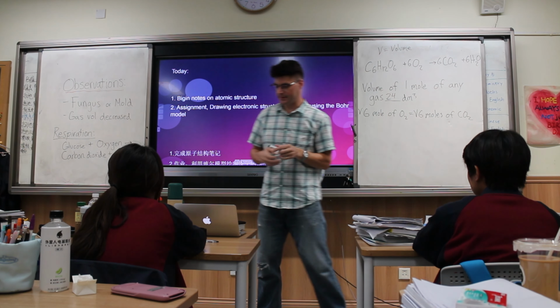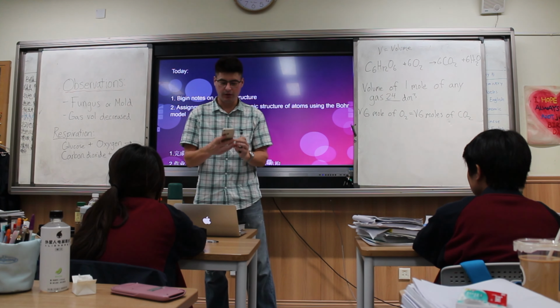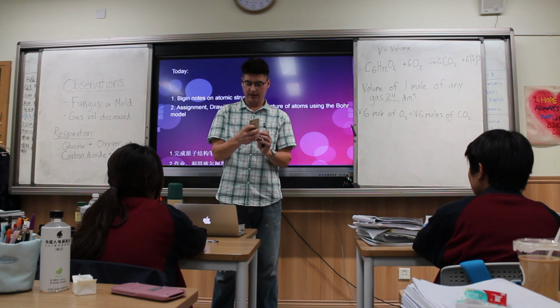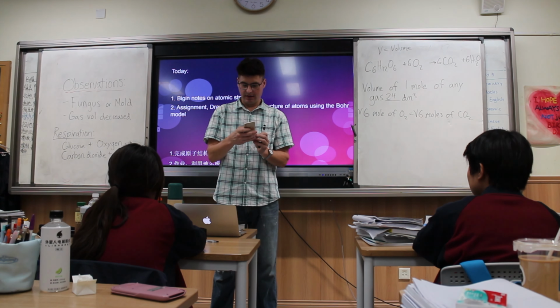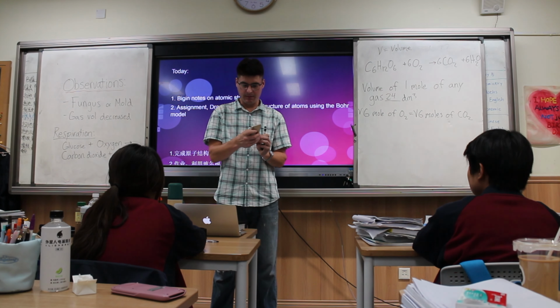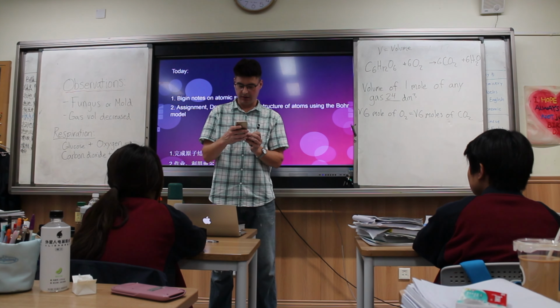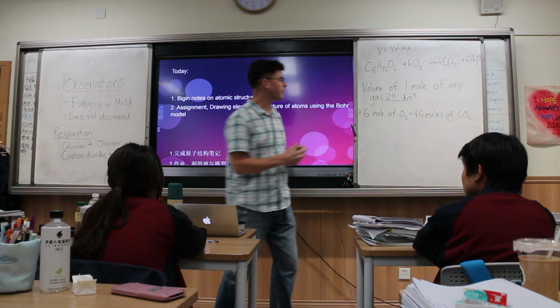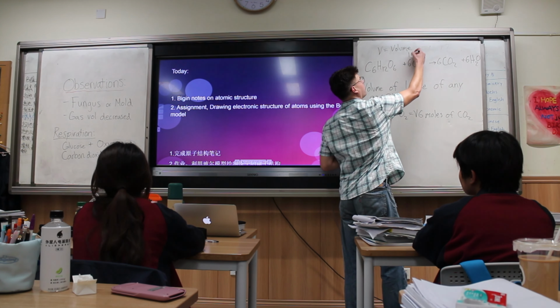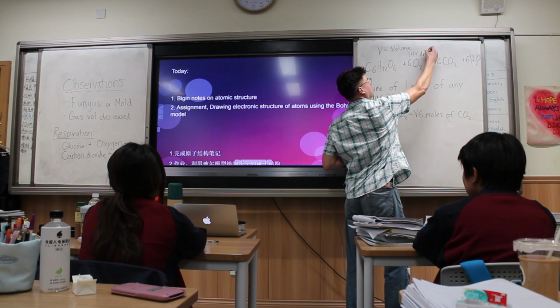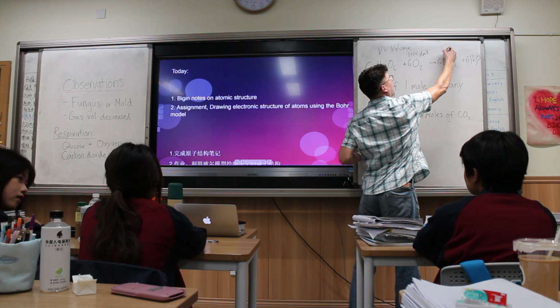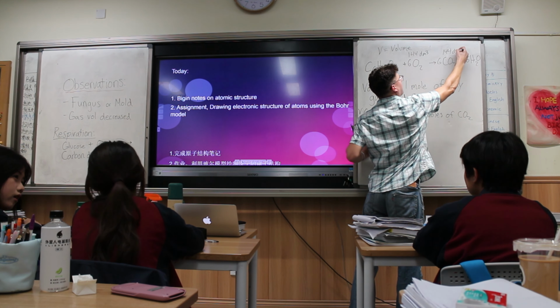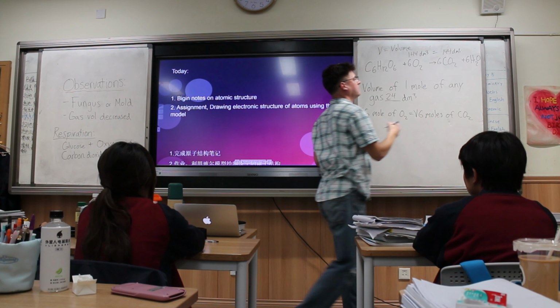So 24 times 6 is how many we're going to get from 1 mole of sugar, or 1 mole of glucose. 24 times 6 equals 144, so this is 144 dm cubed. It's the same.